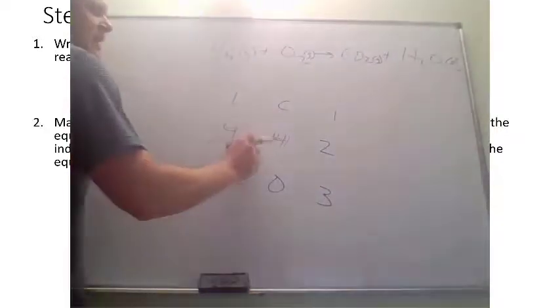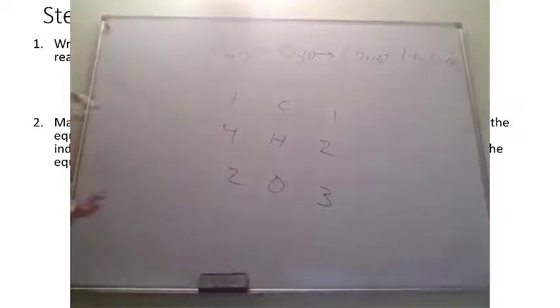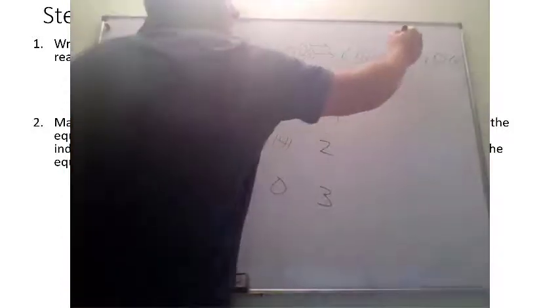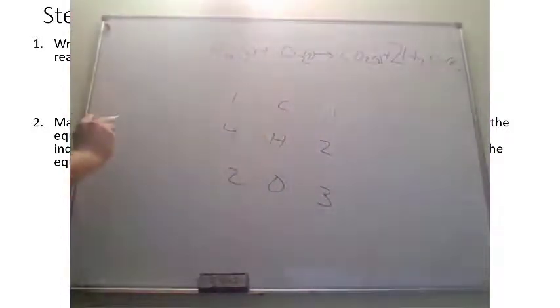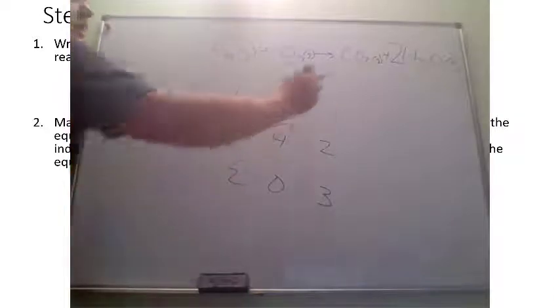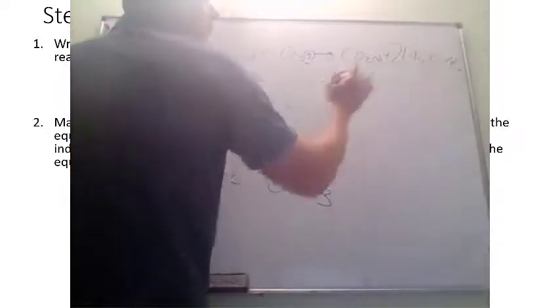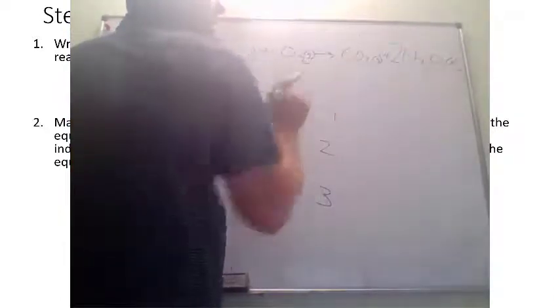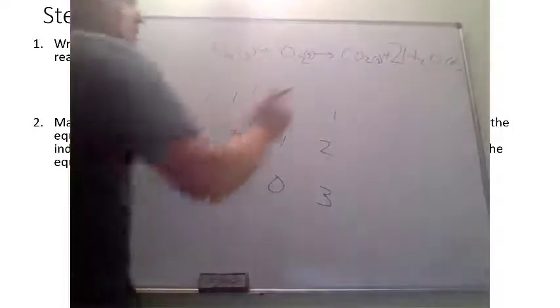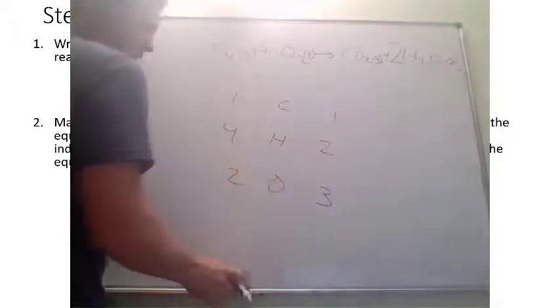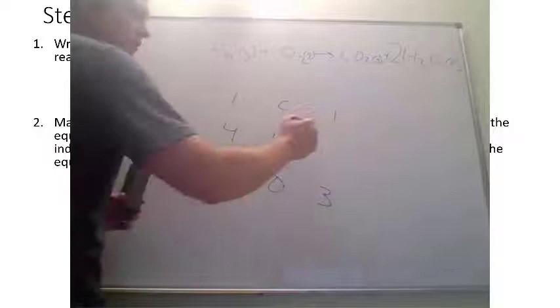It's important to know we can't actually decrease the number of any atom that we have. So we want to increase by putting a stoichiometric coefficient of 2 in front of H2O, which means we multiply each of these number of atoms by the stoichiometric coefficient of 2. So 2 times 2 means that there's now 4 hydrogen atoms.